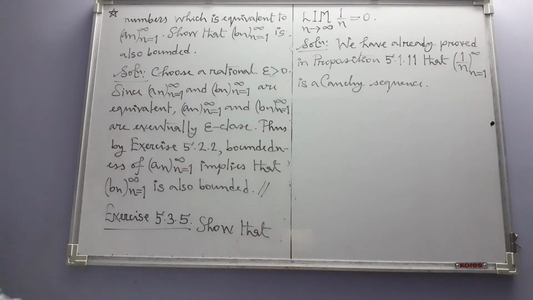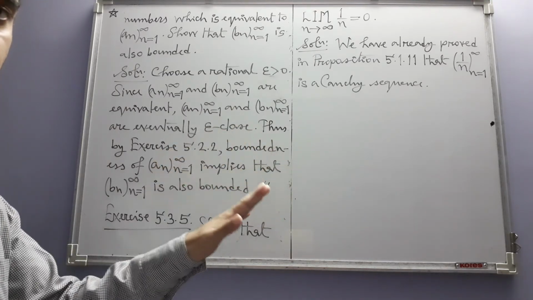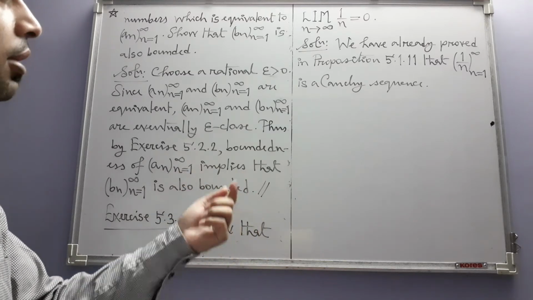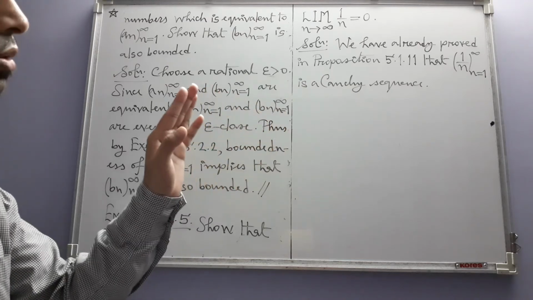So that means its formal limit can be considered according to our definition of real numbers. Now we need to prove that this formal limit is equal to 0.